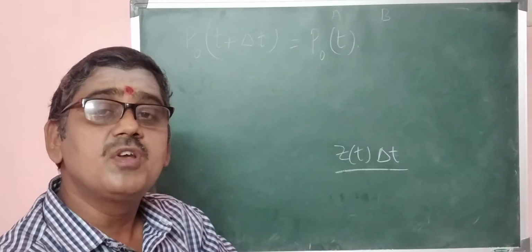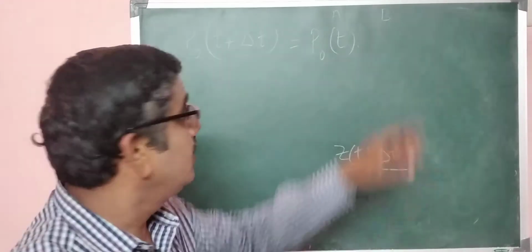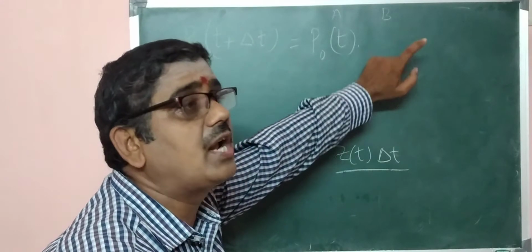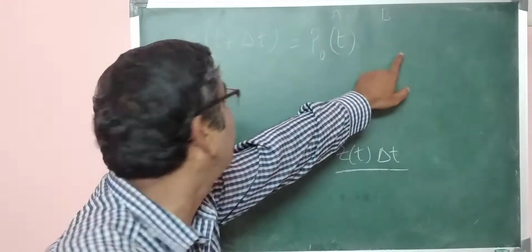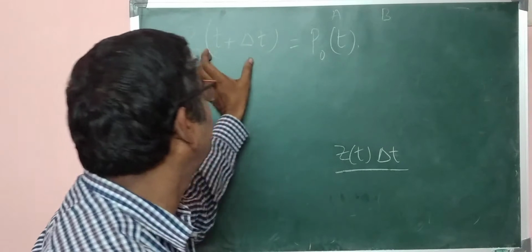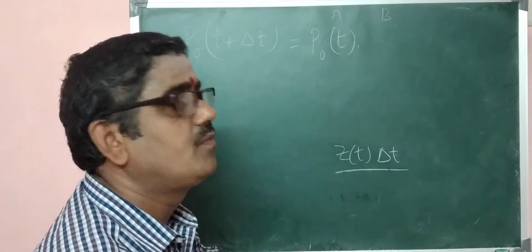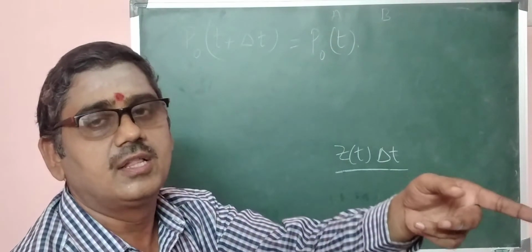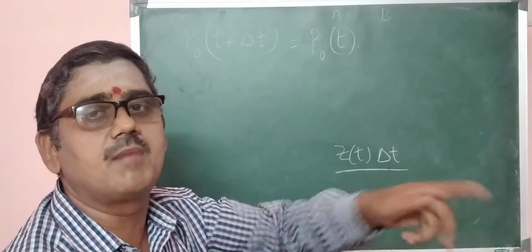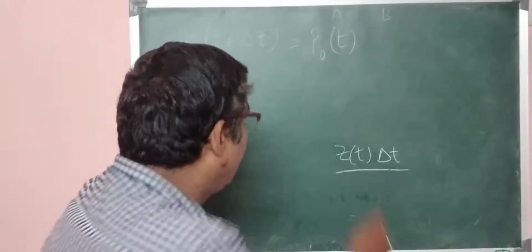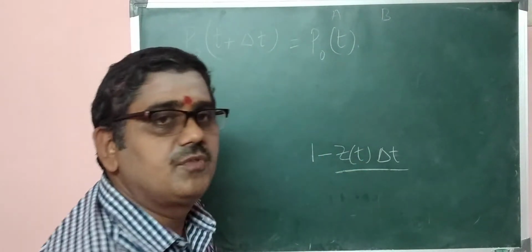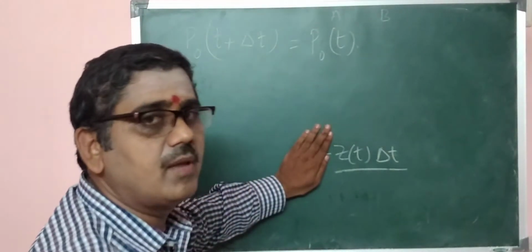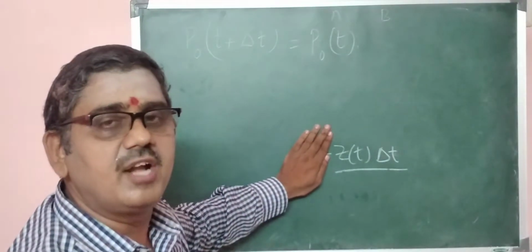So therefore survival. Here we have to calculate again the survival in the time period t to t plus delta t. This should survive, that is, after t plus delta t, in another time period delta t, which means calculating 1 minus the failure probability, the probability of failure of an item.